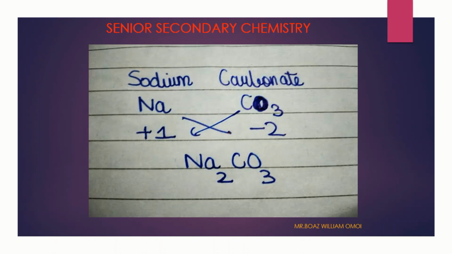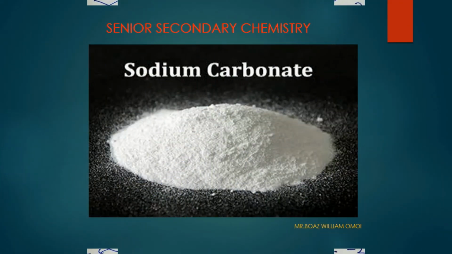Now remember, sodium carbonate is used in softening permanent water hardness, to soften hard water. It is also used in the preparation of chemicals like sodium hydroxide, which is used to manufacture detergents, and also to manufacture borax, and sodium silicate used in glass making, and also to prepare sodium phosphate, which are very important industrial chemicals.